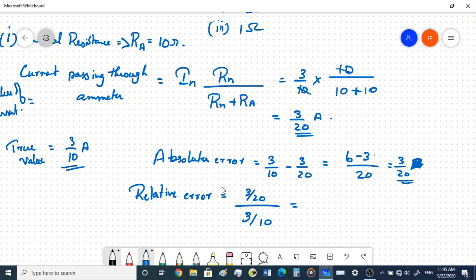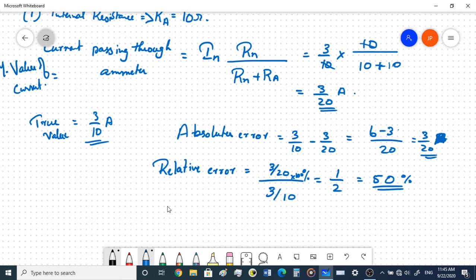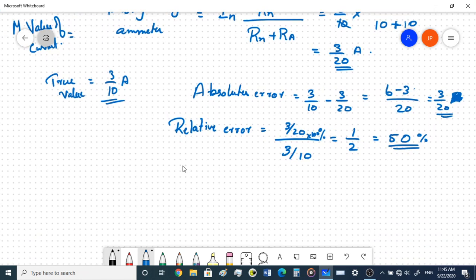When you divide these two values, you get it as 1 by 2, percentage, which is 50%. 1 by 2 into 100, right? Relative error into 100 percentage. So this would turn out as 50% error, which is a very huge value in terms of measurements, right? So definitely you can't have a value that is in this range, right? Now let's look at the second case.